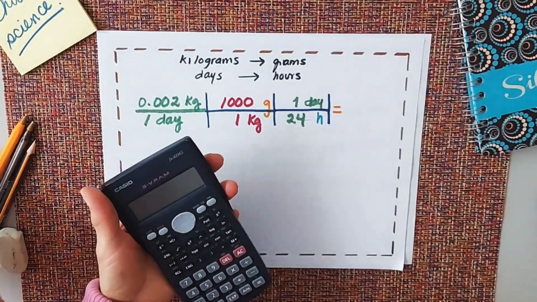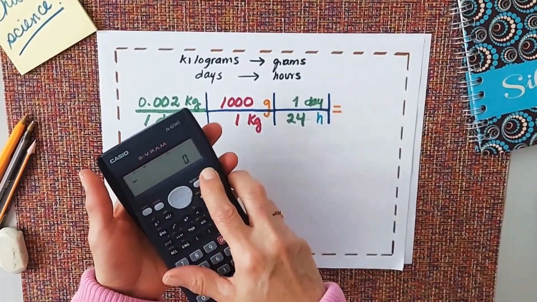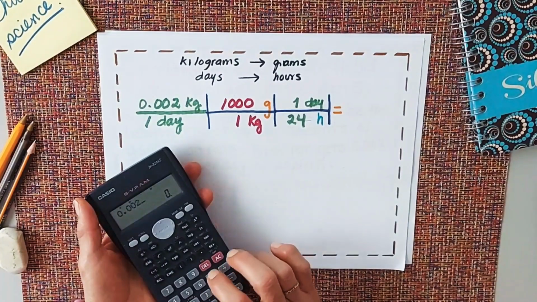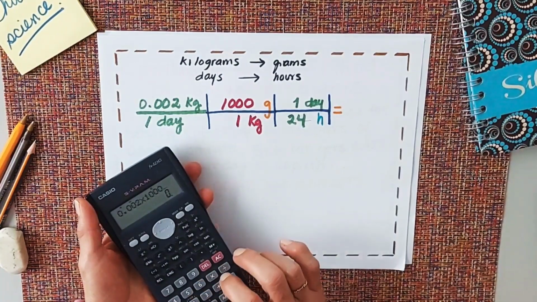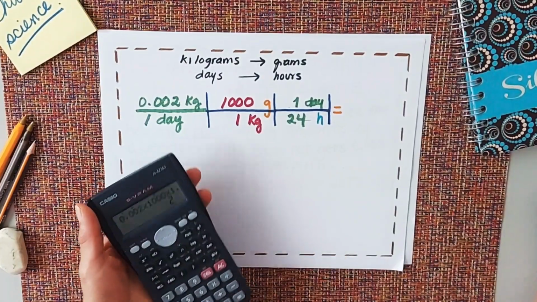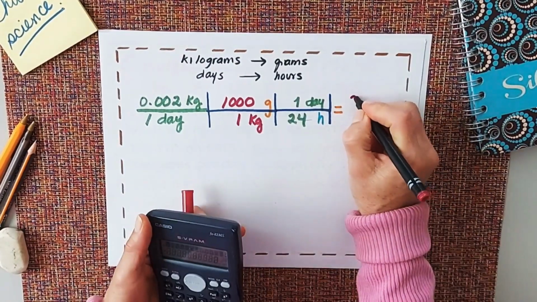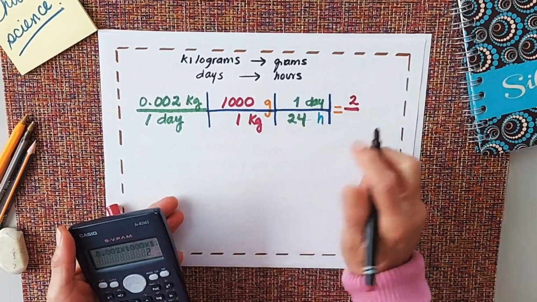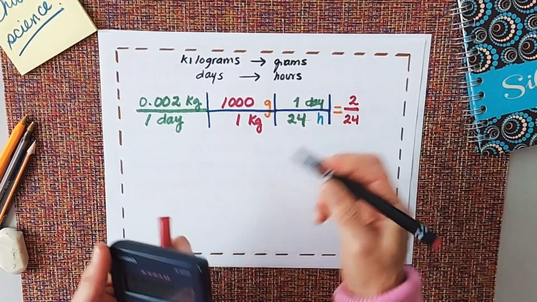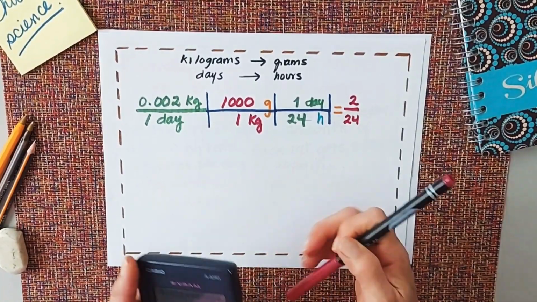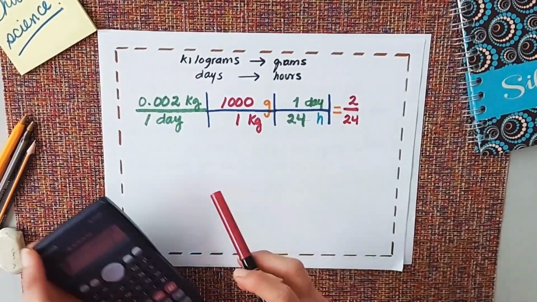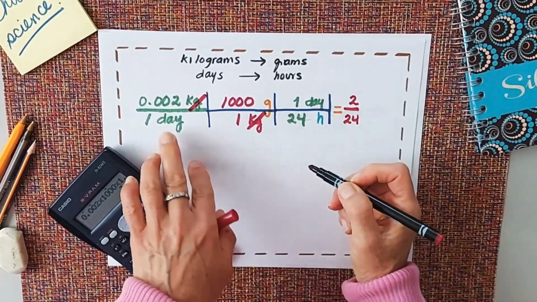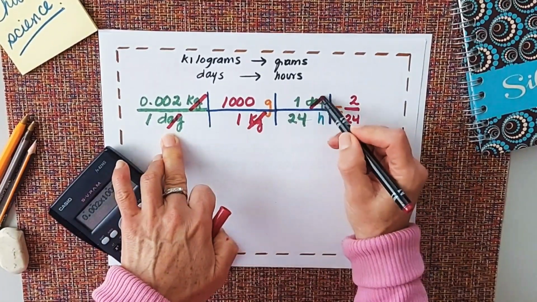We are going to use the calculator. The first one is 0.002 times 1,000 times 1 equals 2. Then 2 over 1 times 24, 24. Now we are going to cancel the units: here, kilograms with kilograms, and here, days with days.